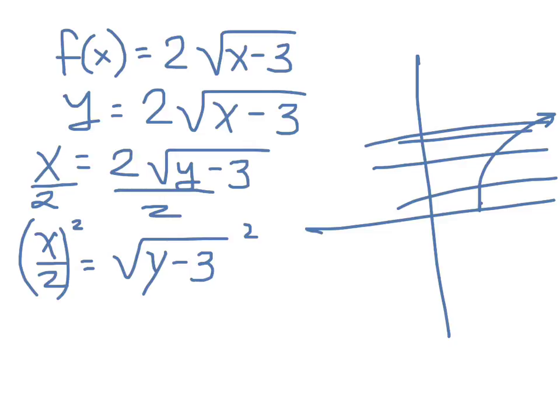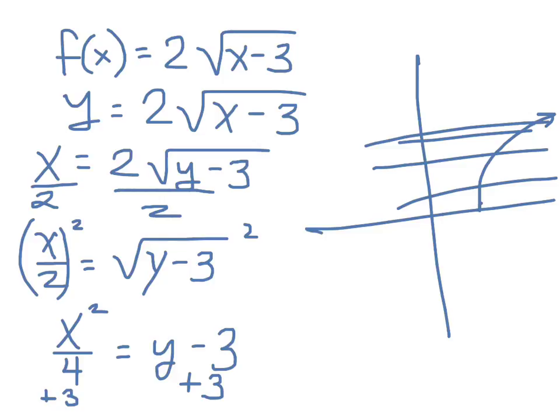When you square that x over 2, it's not just x squared, because it's x over 2 times x over 2, so it'll be x squared over 4 equals y minus 3. You have to square the top and the bottom separately. Now what? Good. So x squared over 4 plus 3 is the inverse.